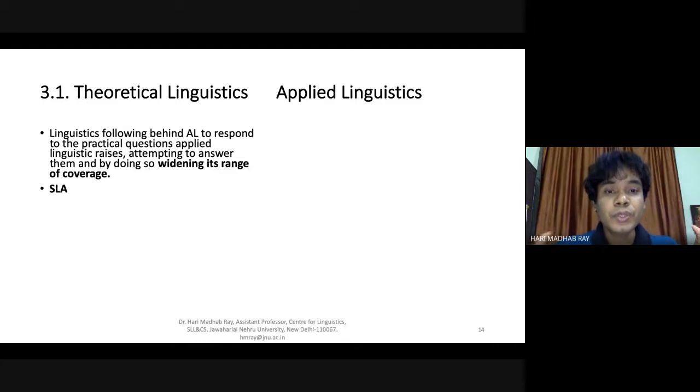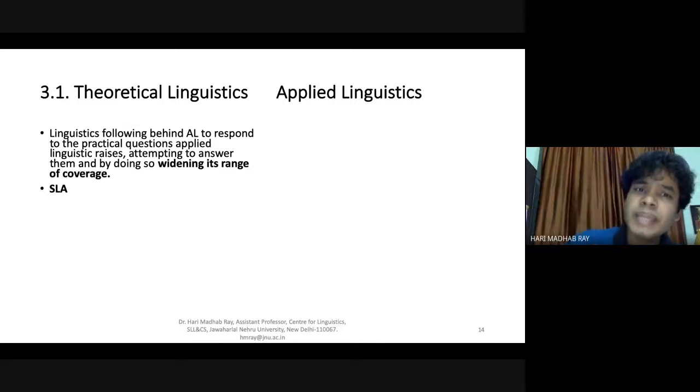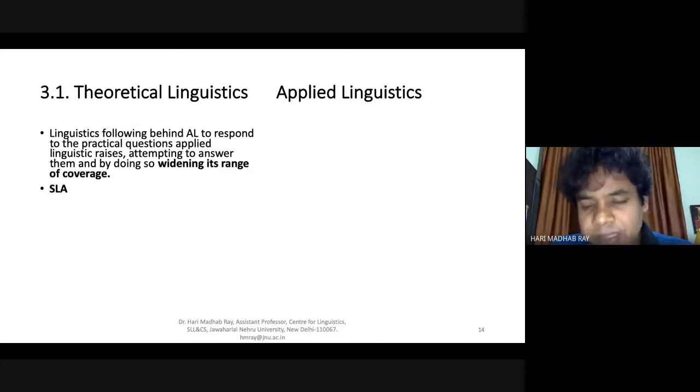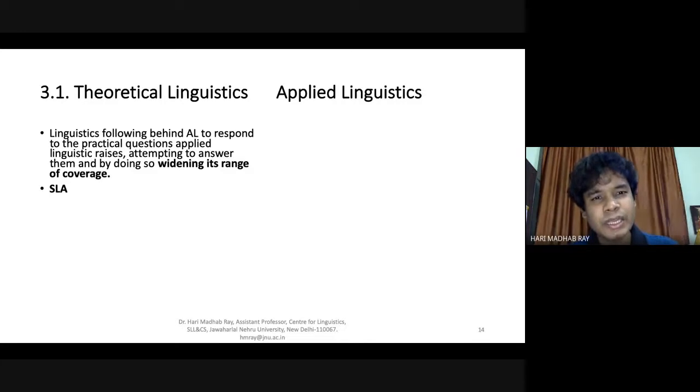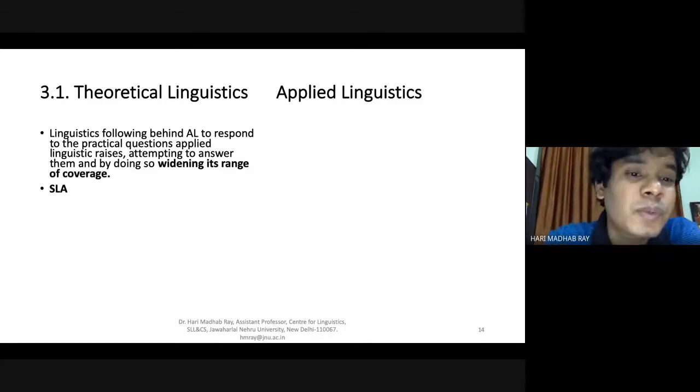So you should not have that kind of narrow-minded approach. There are many field linguists, whether it's Bernard Comrie and many others, who are at the same time theoretical linguists, and they do real field linguistics, and at the same time widen the range of coverage.